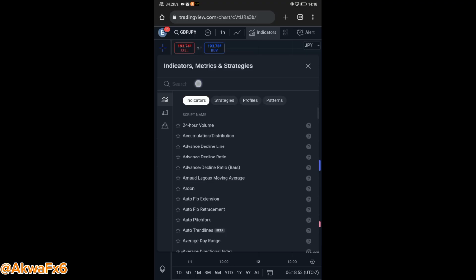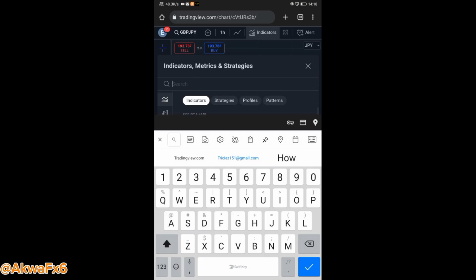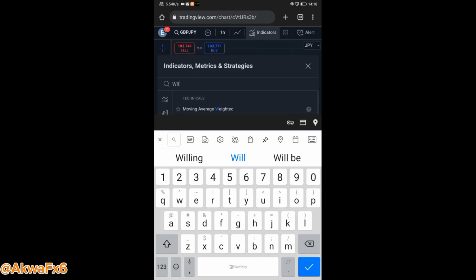Once you click on indicators, search for Williams Alligator. This very one here, Williams Alligator. It will show up like this. Once you click on it, it will be on your chart. The reason I'm not clicking on it is because it's already on my chart.